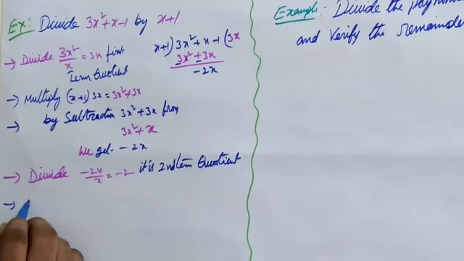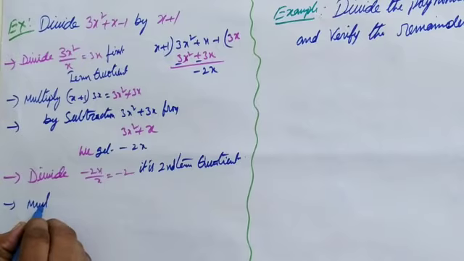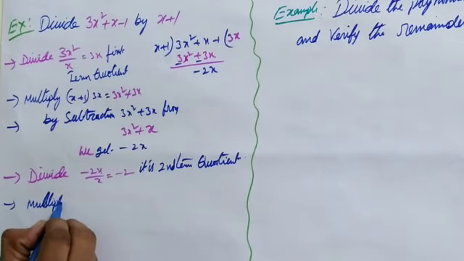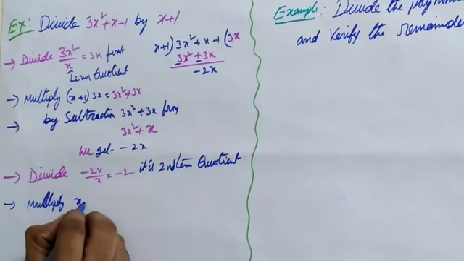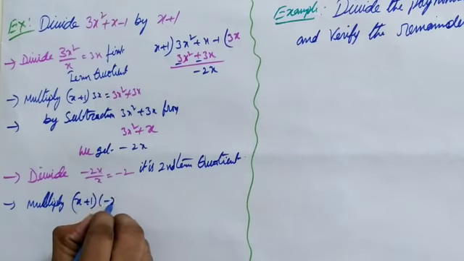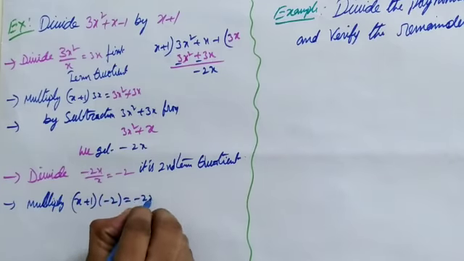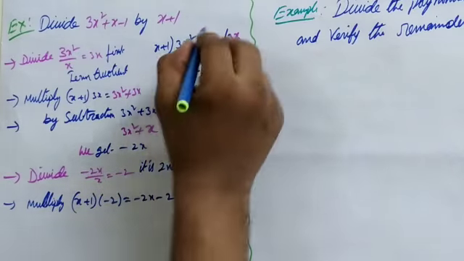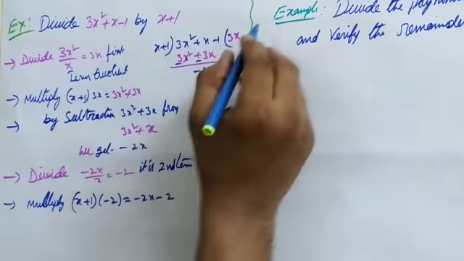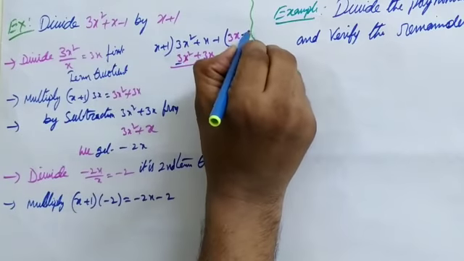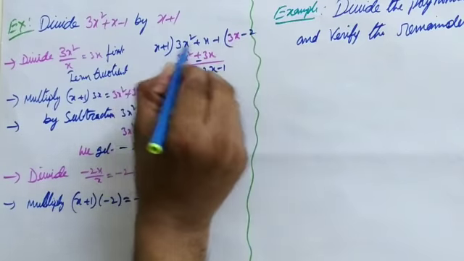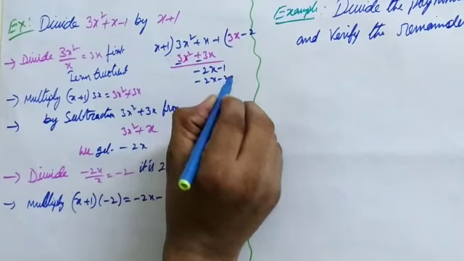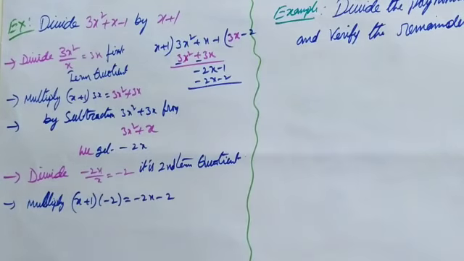Again multiply: x plus 1 into minus 2 gives minus 2x minus 2.